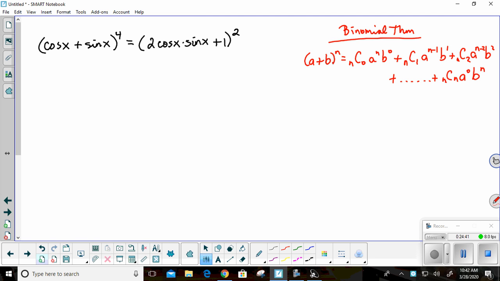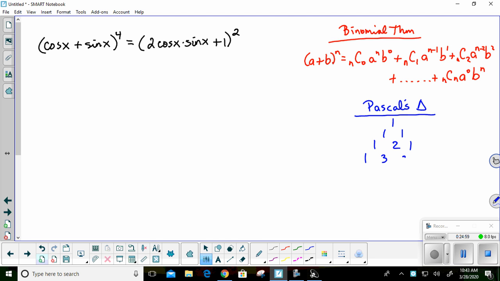So I'm going to kind of jump ahead and use the binomial theorem on the left-hand side. Also, binomial theorem, if you remember Pascal's triangle, starts with the 1, and then 1, 1, 1, 2, 1, 1, 3, 3, 1, 1, 4, 6, 4, 1.